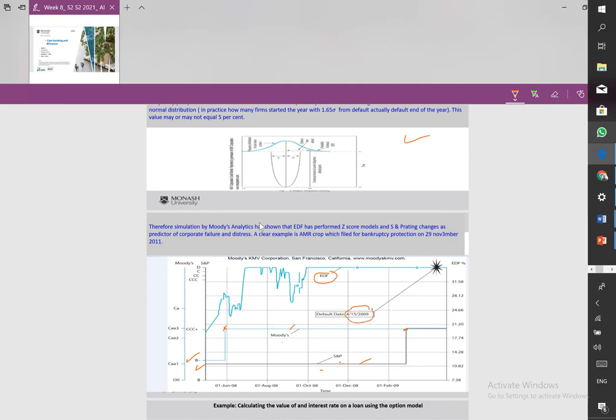While these people think it's still C, and these people think it's still C. Both of them are saying triple C, while the company has already defaulted.